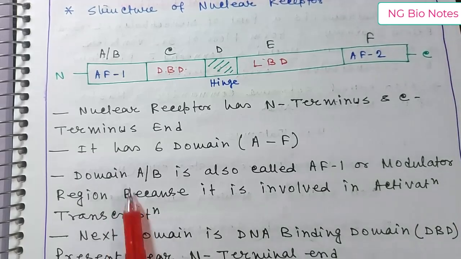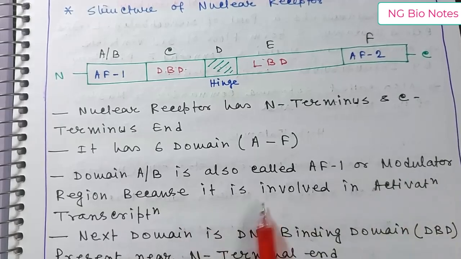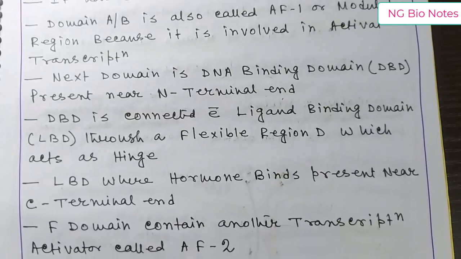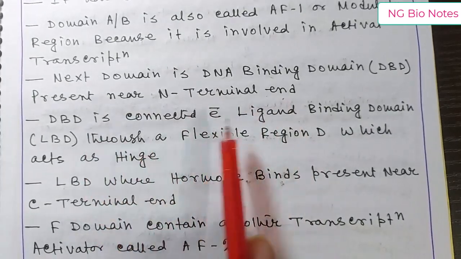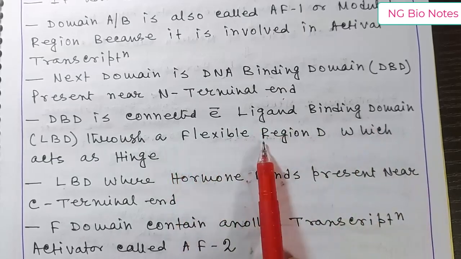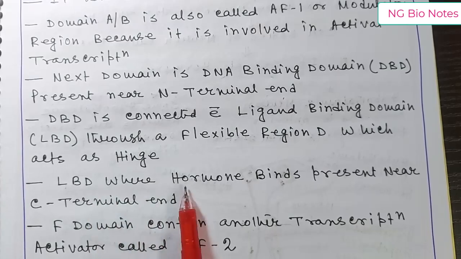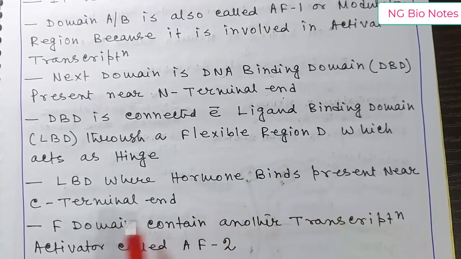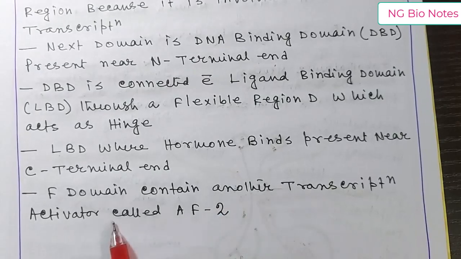The A/B domain is also called AF1 or modulator region, because it is involved in activation of transcription. DBD is connected with the ligand binding domain through a flexible region D, which acts as hinge. And LBD, where hormone binds, is present near C terminus end, and F domain contains another transcription activator which is called AF2.